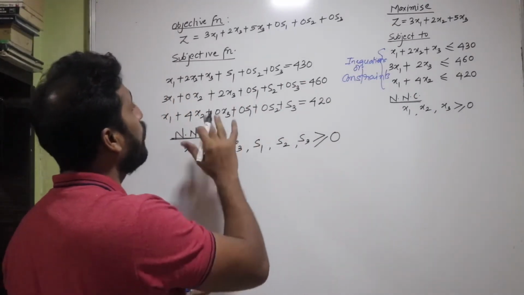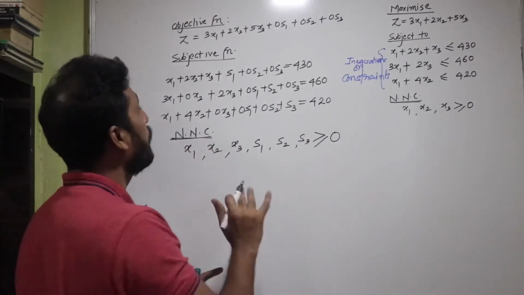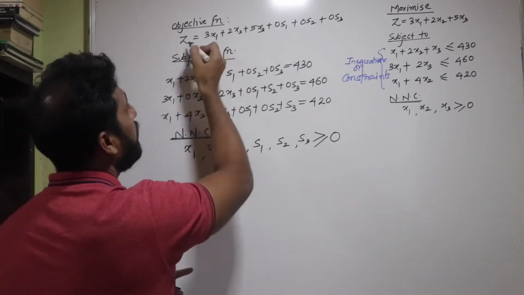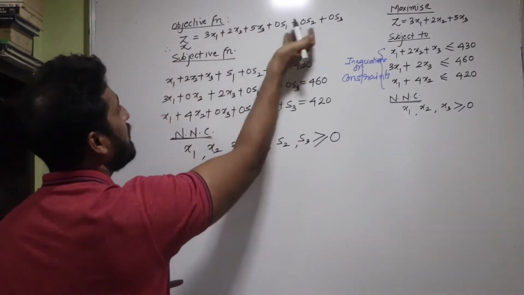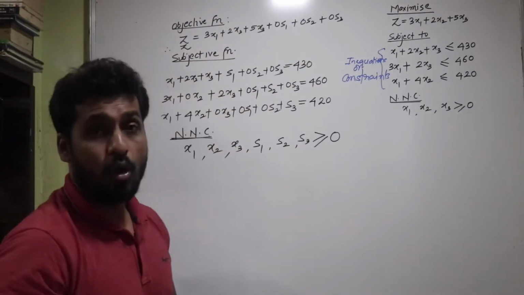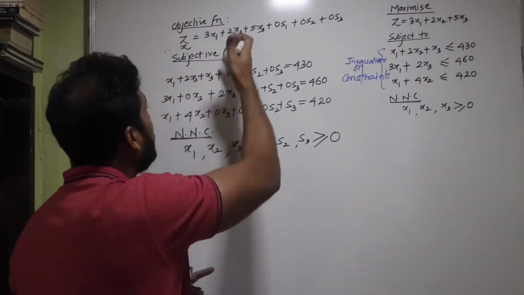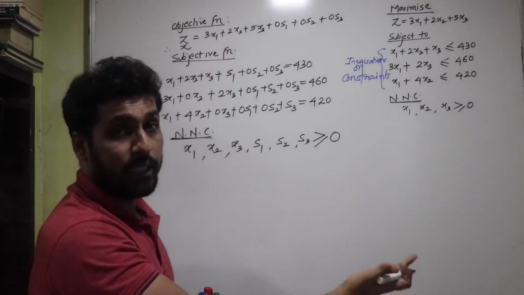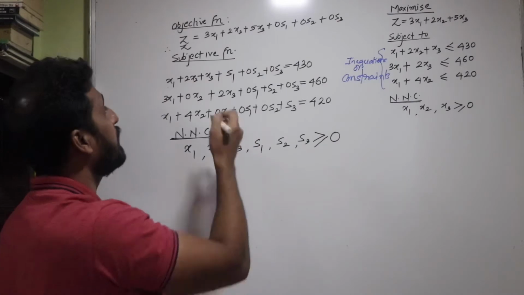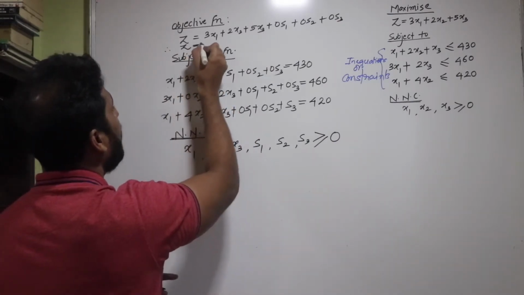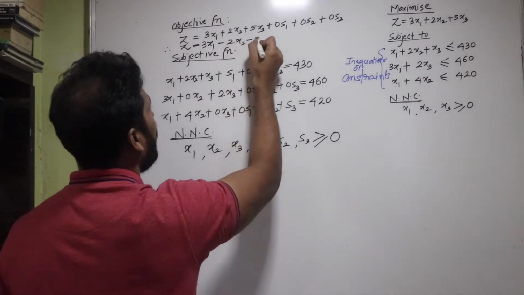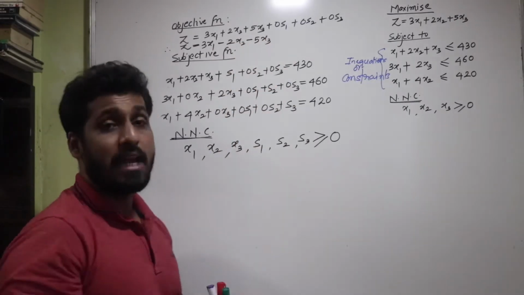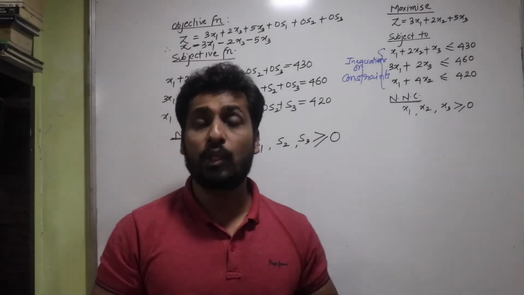The next important point you should note down is to write this equation like this: z, transfer all the terms of the objective function which are on the right hand side to the left hand side. So I get z minus 3x1 minus 2x2 minus 5x3. Now the next terms are 0s1, 0s2, 0s3.